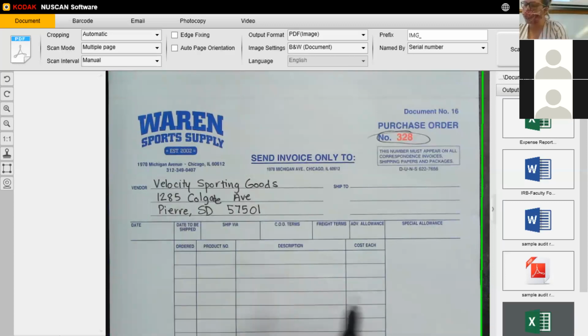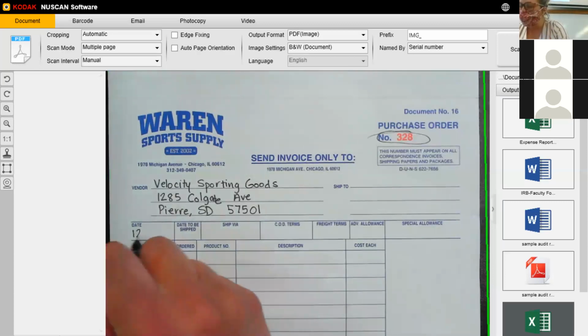Okay, the date of today's transaction is December 16th.